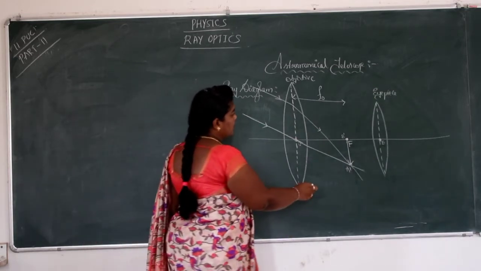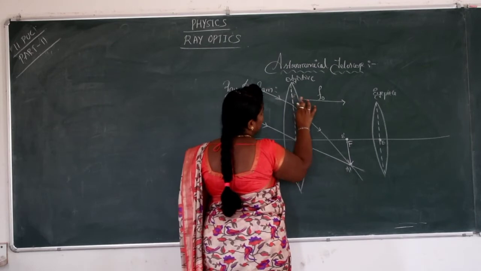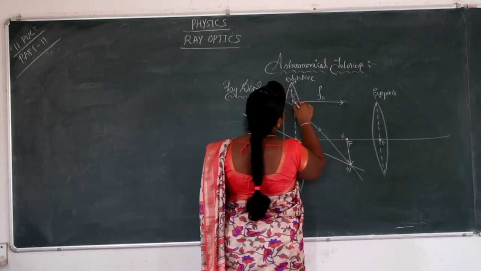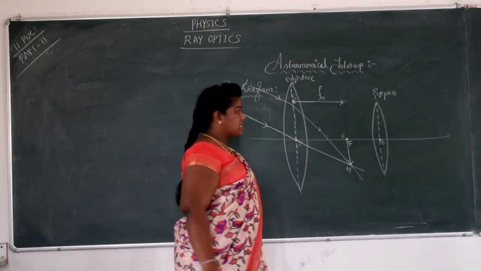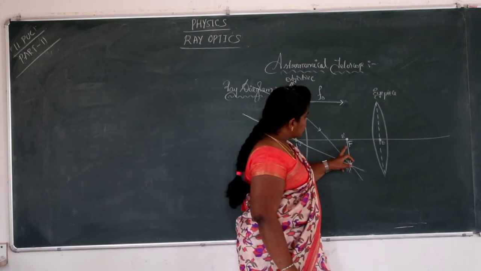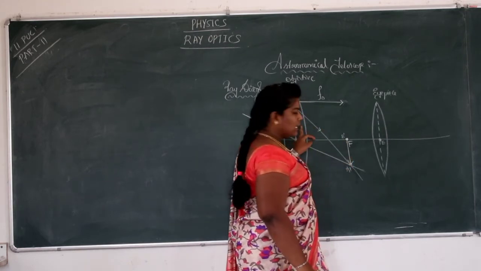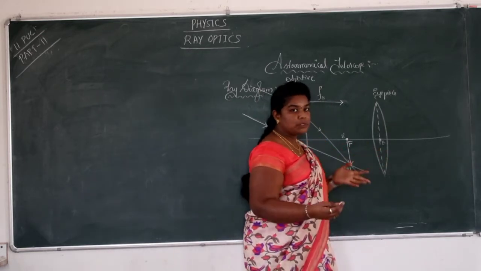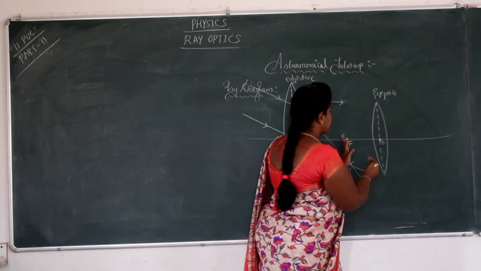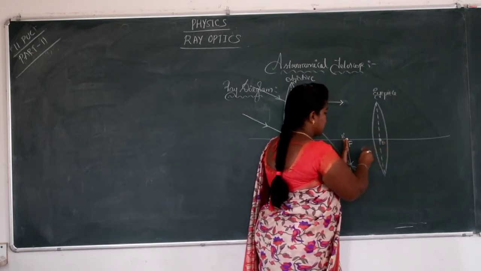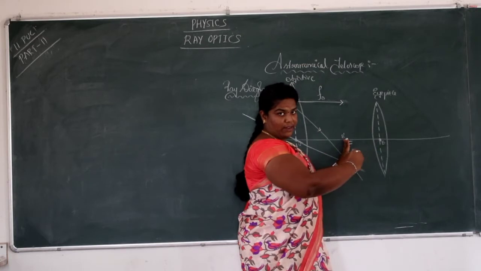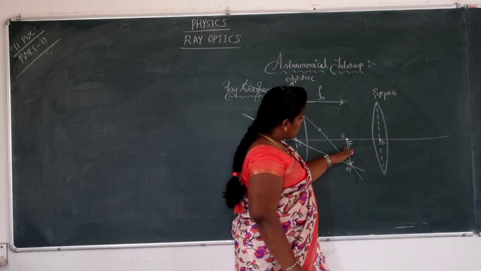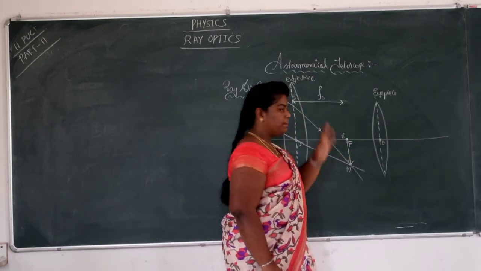Now the distance between the objective lens and the eyepiece is adjusted such that the image of the first lens should be exactly at the principal focus of the eyepiece. This distance is adjusted with the help of a rack and pinion arrangement, so that the object is exactly at the principal focus of the eyepiece.